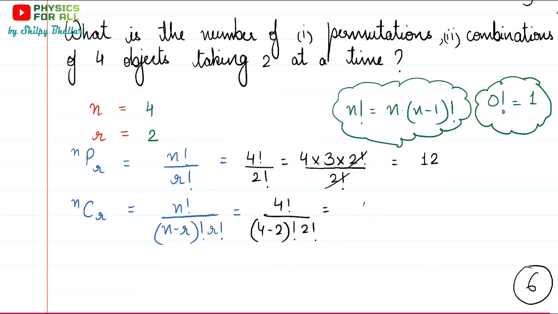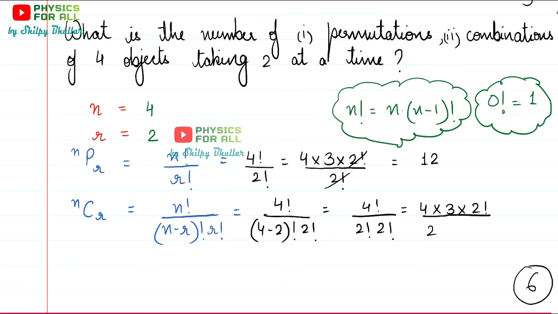That is 4 factorial upon 2 factorial and 2 factorial. We can write it as 4 into 3 into 2 factorial, and in the denominator one 2 factorial can be written like this, and the other we would write as it is. So this gets cancelled and here this gets cancelled. So we have 6. So 6 combinations.